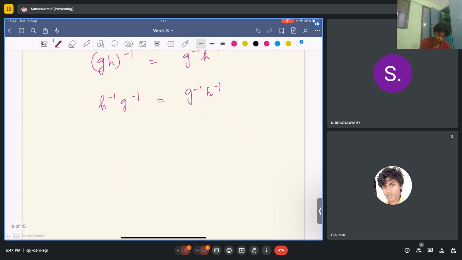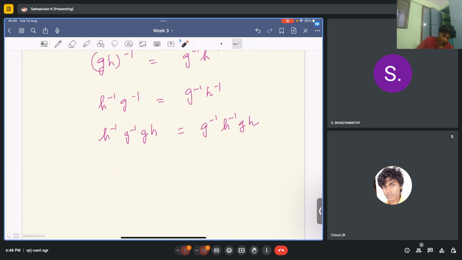Okay, now what can we do? Let's multiply this side by g and then h. Okay, so let's multiply this side by gh. So what you get is h inverse g inverse gh is equal to g inverse h inverse gh.